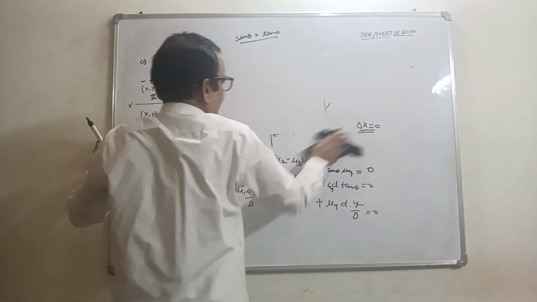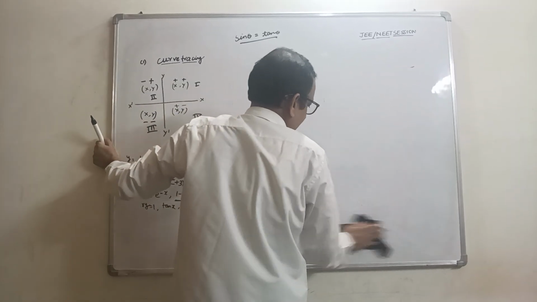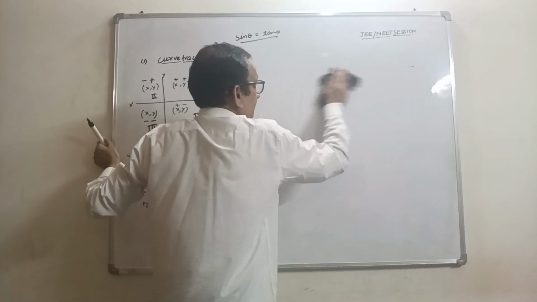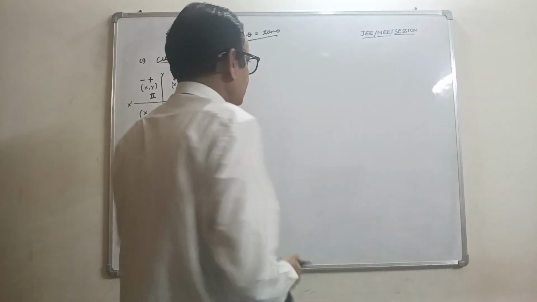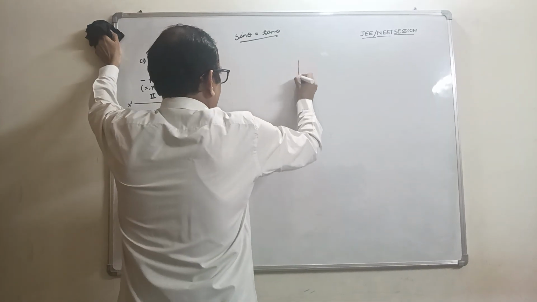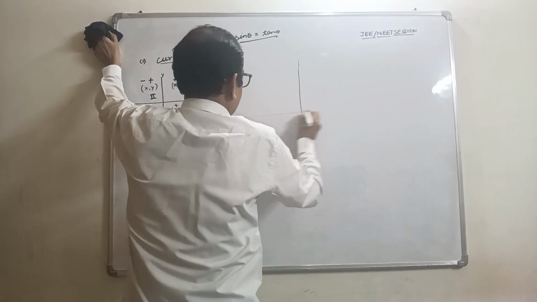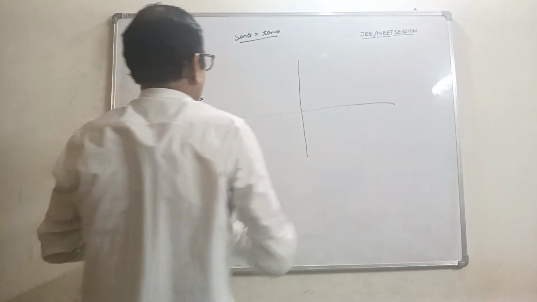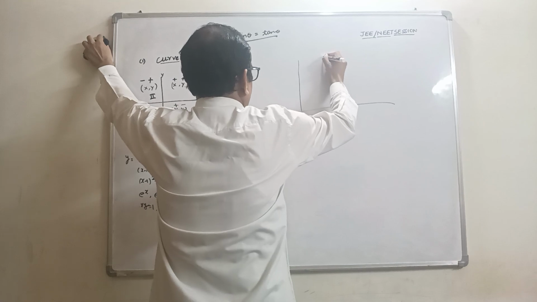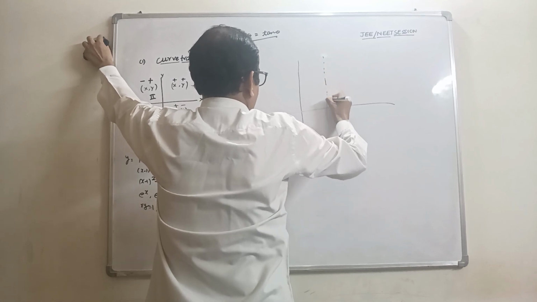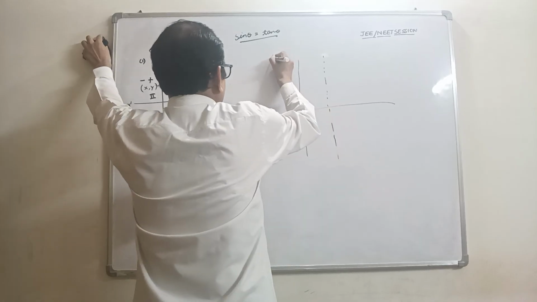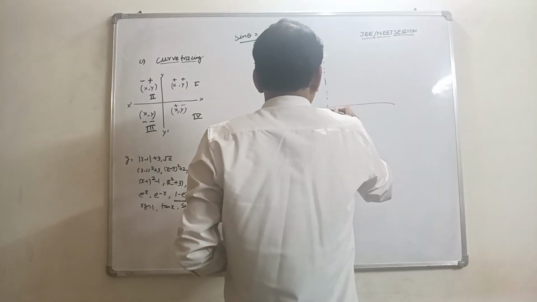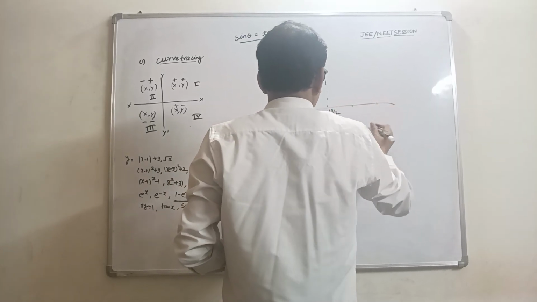For tan x, the graph would be discontinuous at pi by 2. This is the line of asymptote. Suppose this is pi by 2, this is minus pi by 2, this is pi, and this is minus 3 pi by 2.